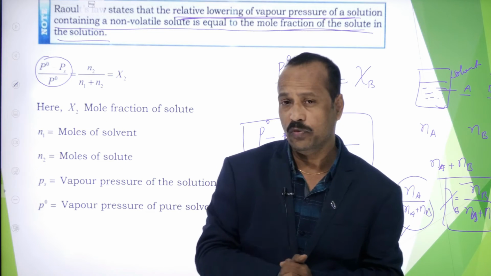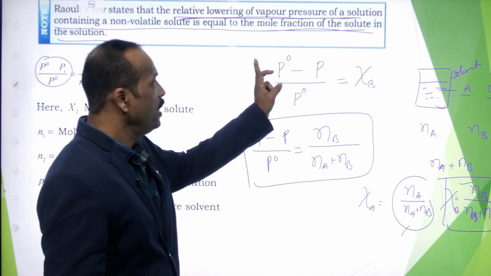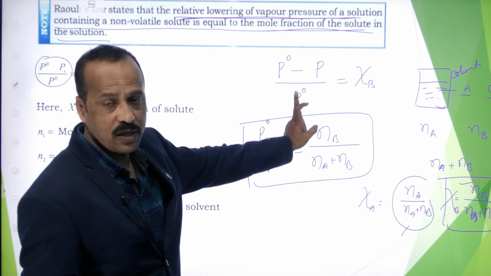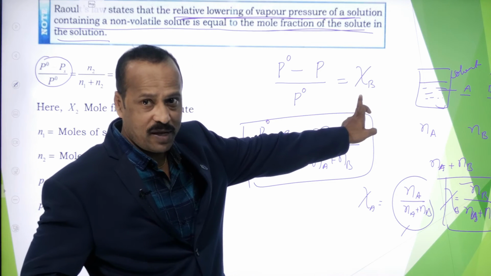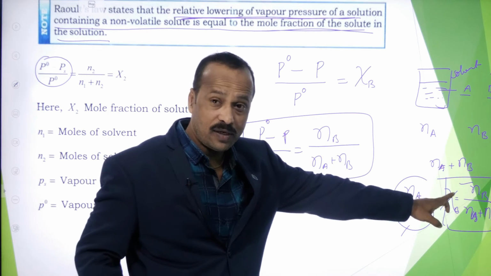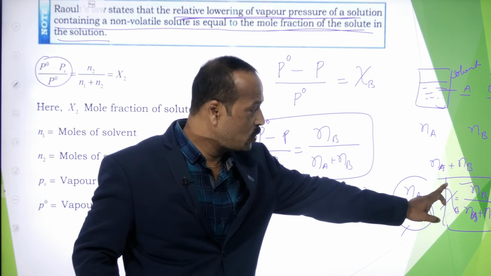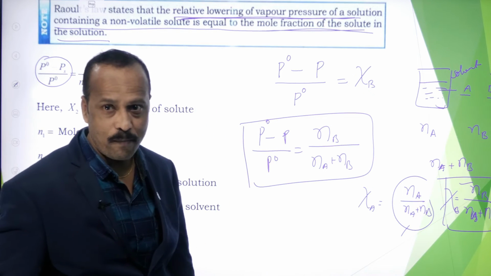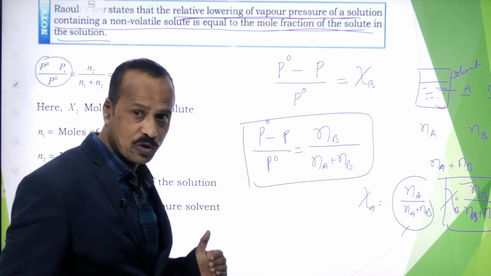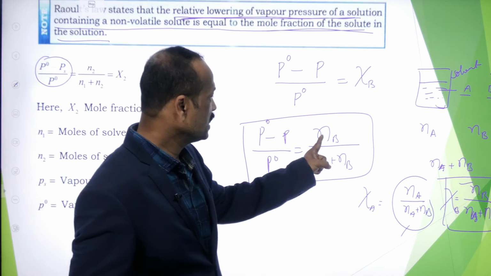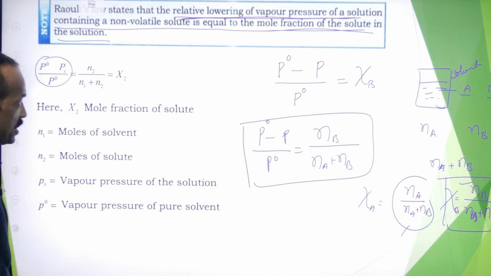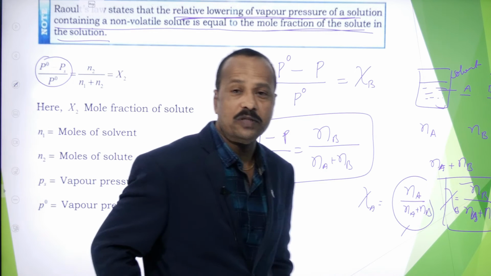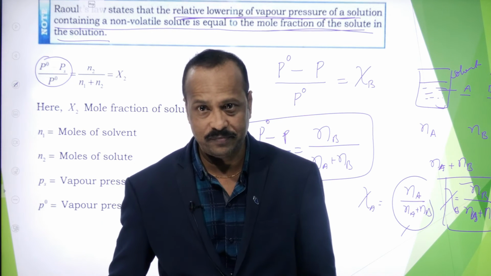So relative lowering of vapor pressure is P naught minus P by P naught, equal to XB. XB is the mole fraction, the number of moles of solute divided by the number of moles of solute plus solvent in solution, that is NB by Na plus NB. This is the formula, students. With this, synopsis 3 is completed.